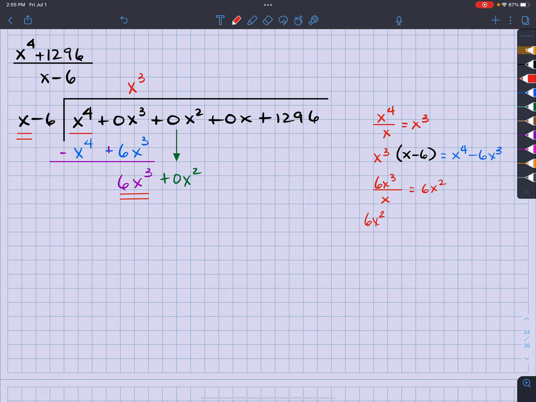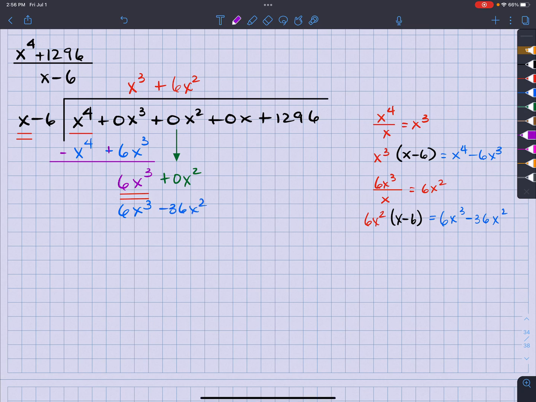I'm going to have plus 6x squared, and the reason I use plus is because it is positive. I multiply by x minus 6 and get 6x to the 3rd minus 36x squared. I transfer this 6x to the 3rd minus 36x squared right here.